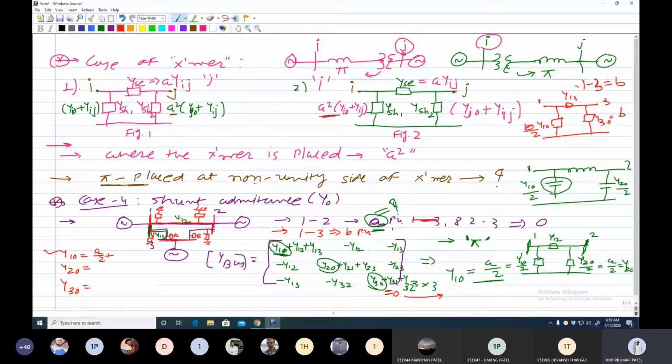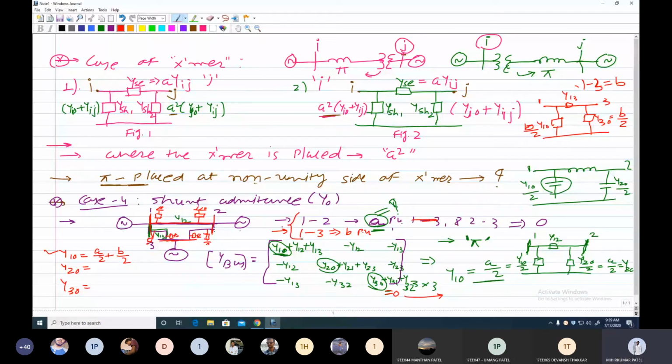Again, on this side it is B by 2. So here Y10 is equal to A by 2 plus B by 2. This is the total shunt admittance considered at bus number 1. Clear? Same way, what is the value of Y20 if these two shunt admittances are given?